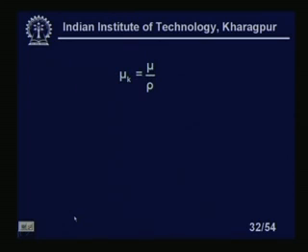So, kinematic viscosity we define as mu by rho. Another term we define is the absolute viscosity, or dynamic viscosity.